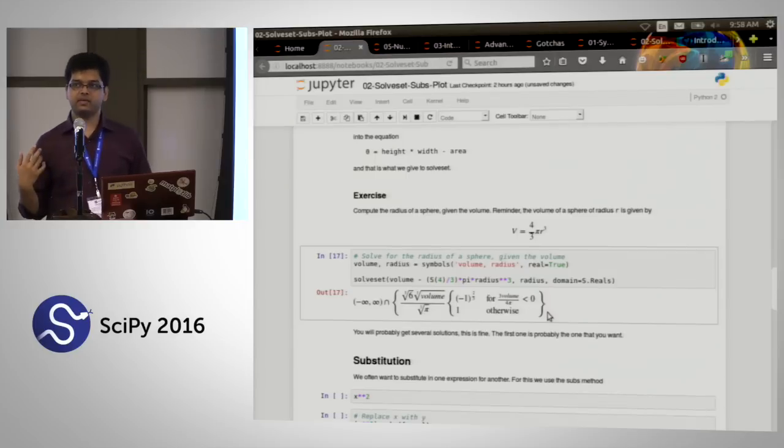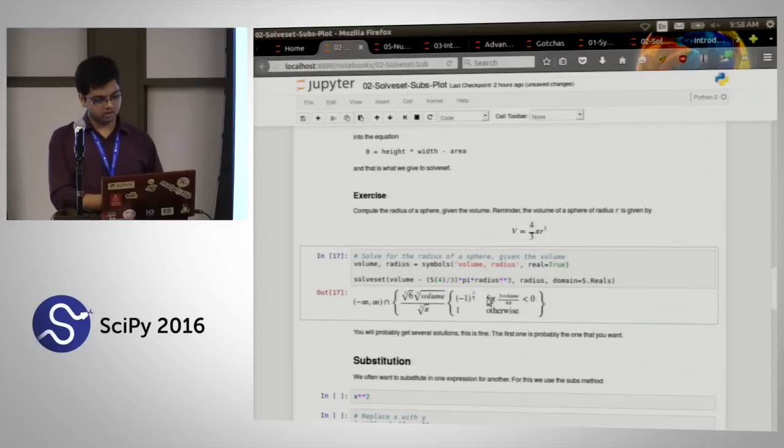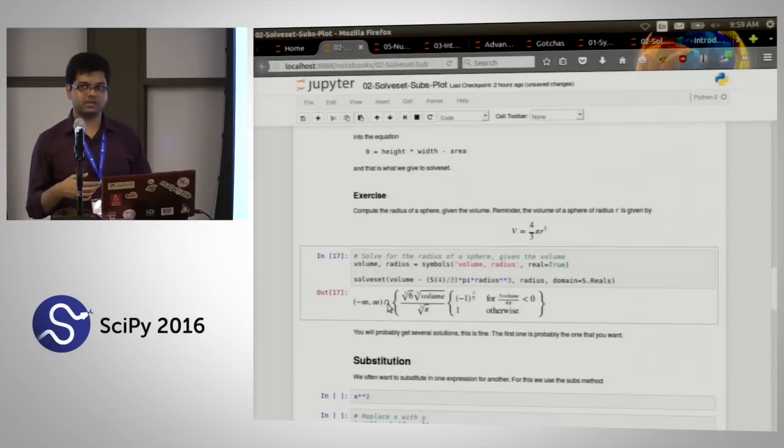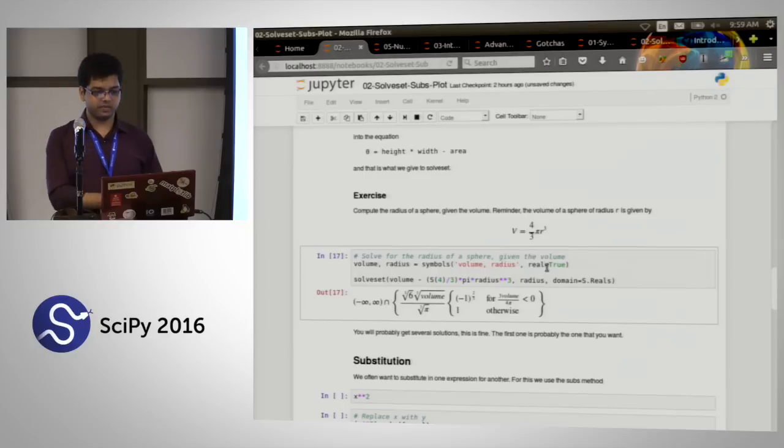I have not defined radius as positive, so it tries to put the condition when the radius is positive. It says it should be in the real line, so that's why it takes an intersection with minus infinity to infinity.